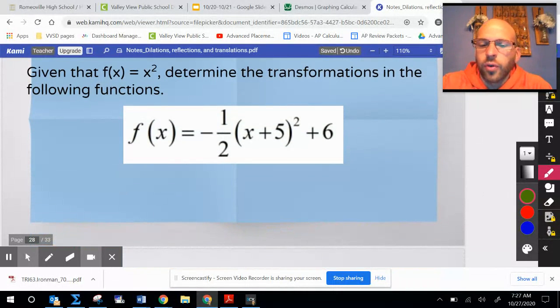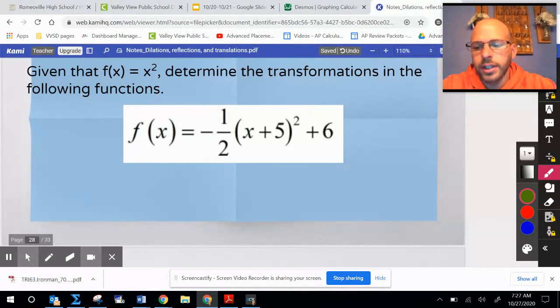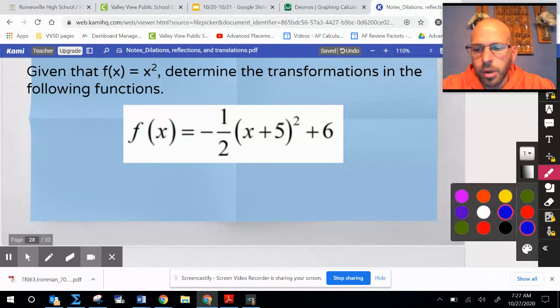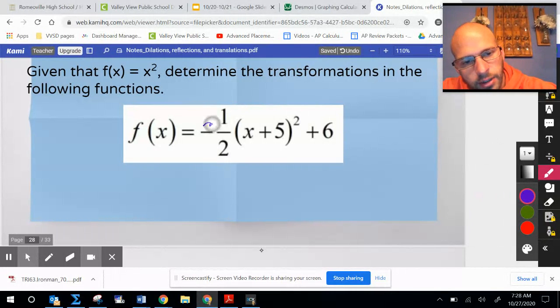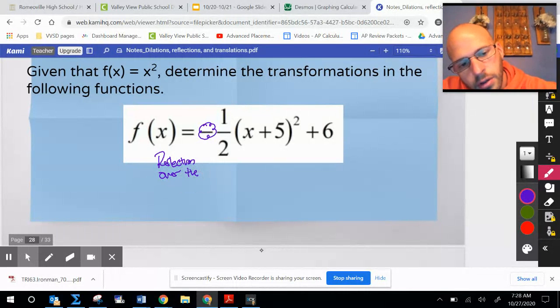All right. There's 4 answers to this problem as well. All right, let's see if we can get them all. Again, feel free to pause. Okay? You can mute. You can do whatever you need. That negative is a reflection over the x-axis.